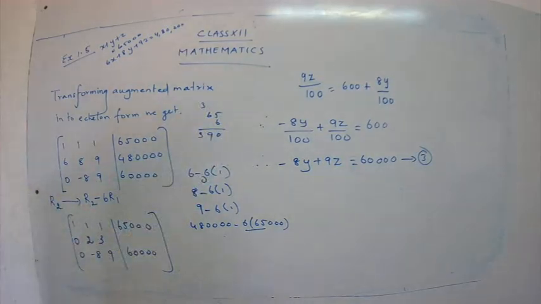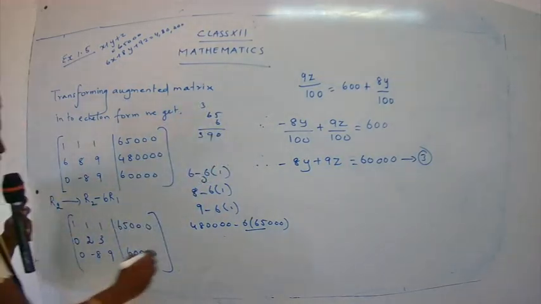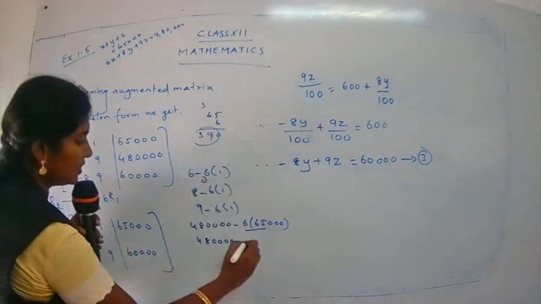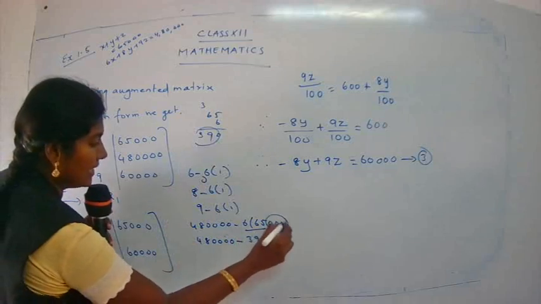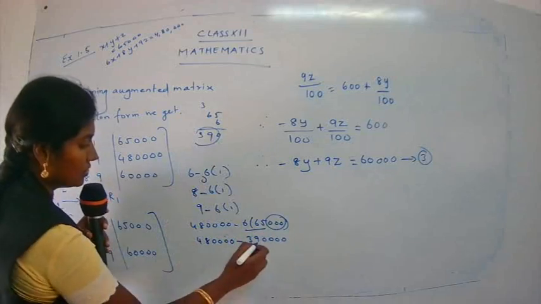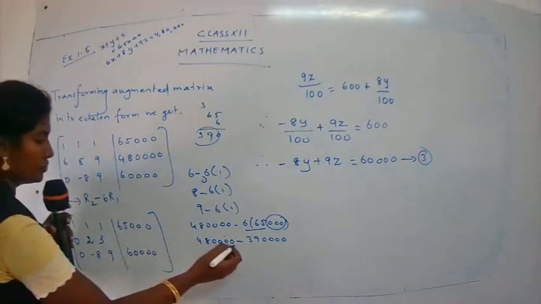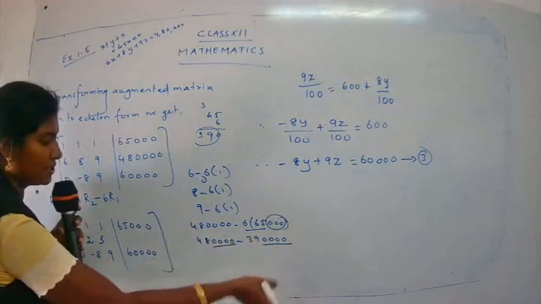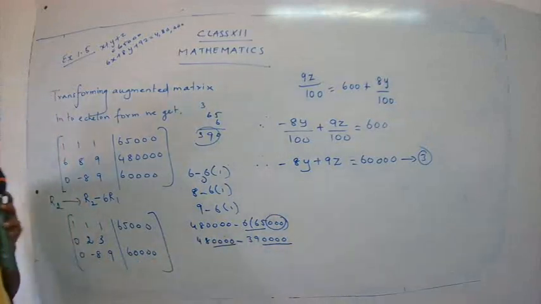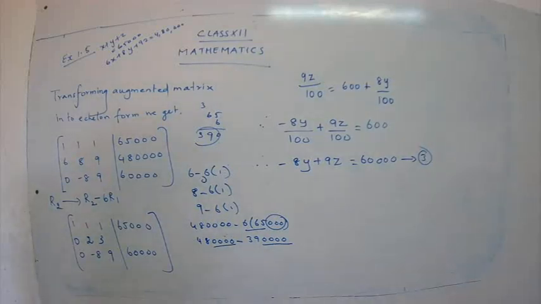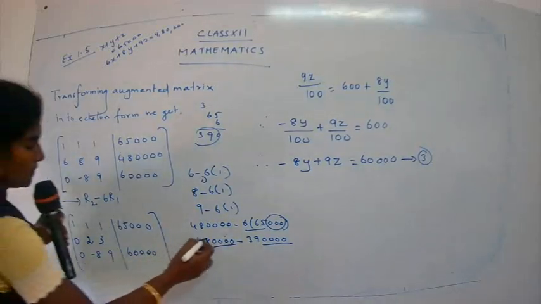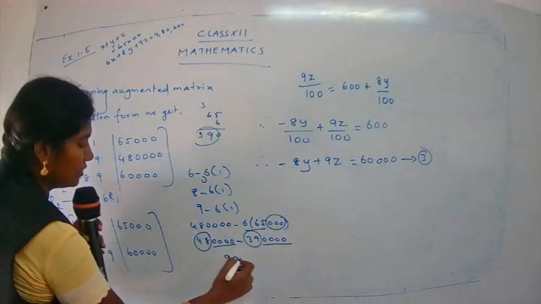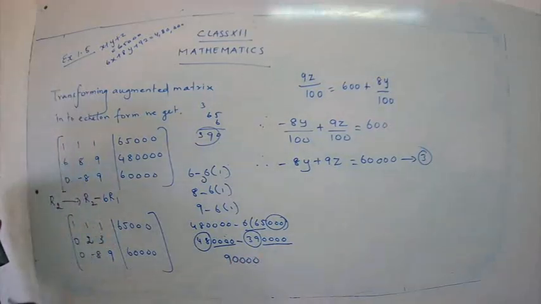So you get 390, and 3 zeros to be added, so this is 3,90,000. When you subtract, the zeros give zeros. 48 minus 39 is 9, and with 4 zeros, that is 90,000.